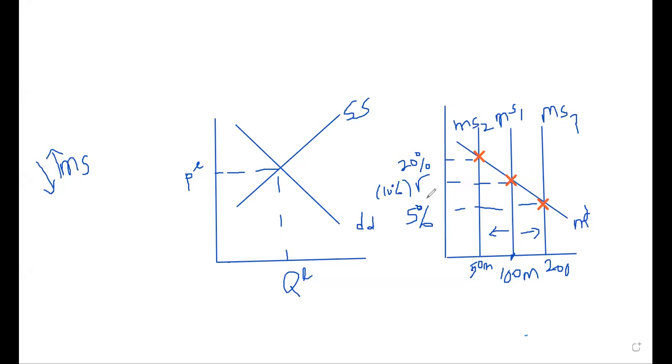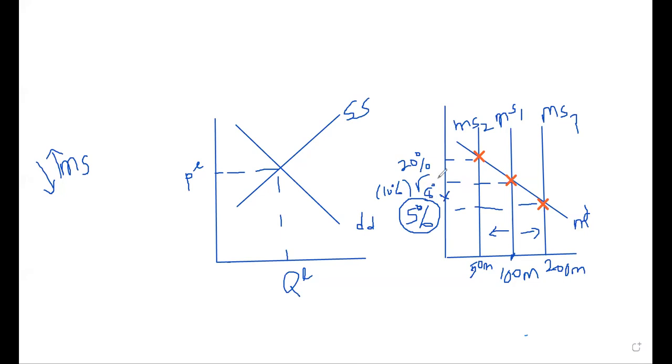If the central bank wants to achieve a 5% interest rate, given a fixed money demand curve, what should be the money supply in the economy? That's the central bank's target. So the central bank will target a certain interest rate that they want to achieve in the economy and conduct monetary policy to achieve that. So let's say I'm targeting an interest rate of 8%.